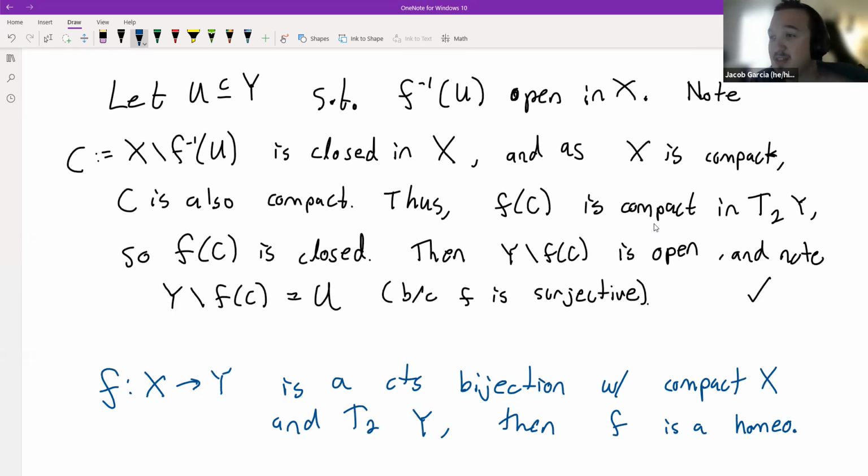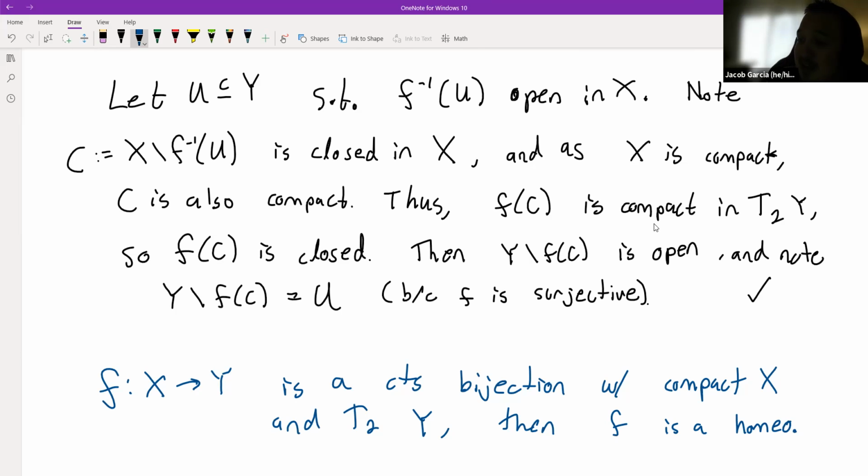Right? And the proof of this is remarkably similar to what we just did. Showing that the inverse function is continuous is the same as showing that the original function is an open map, because the map is a bijection, which is the same as showing that the original map is a closed map.